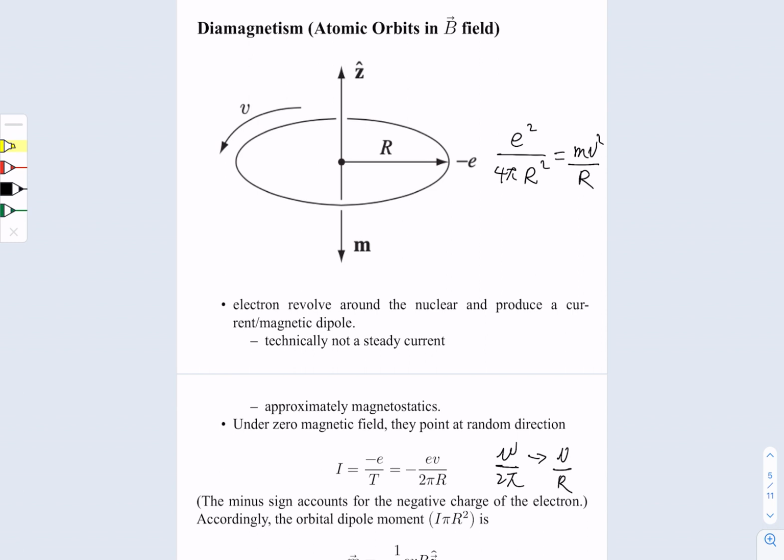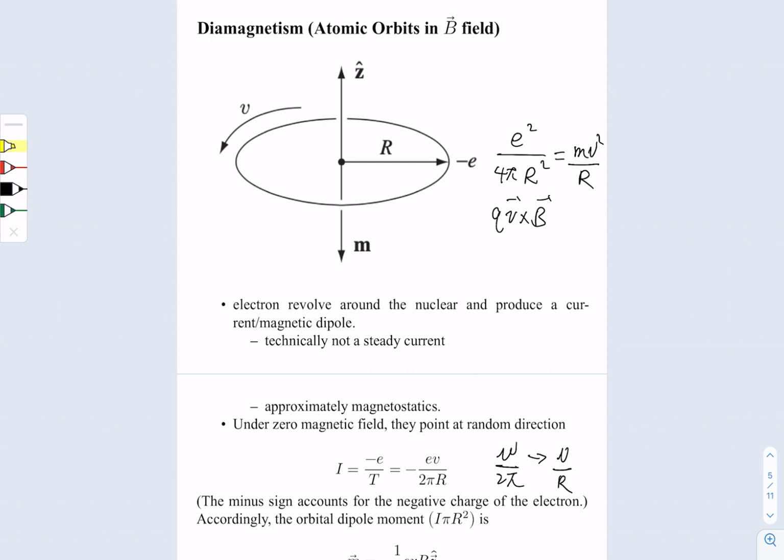So there will be an additional centripetal force provided by this magnetic field. And if you still remember the Lorentz force law, that is q v cross B, right?